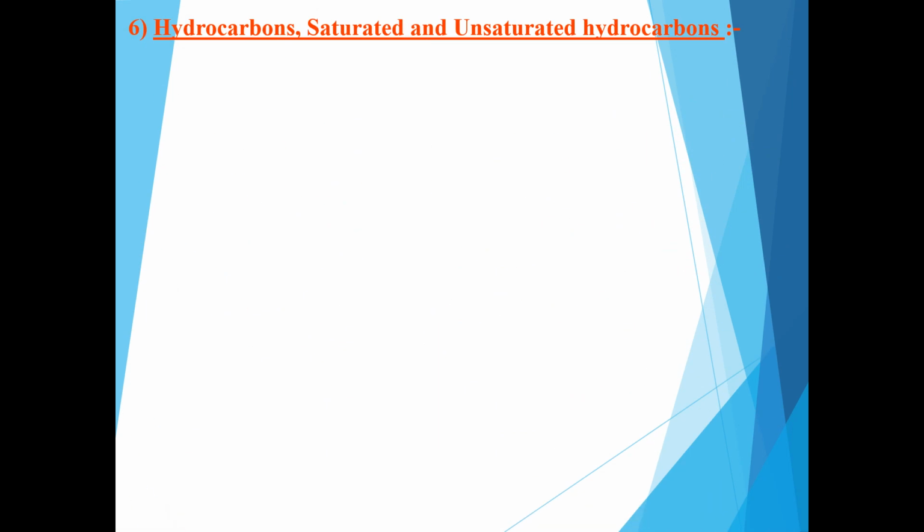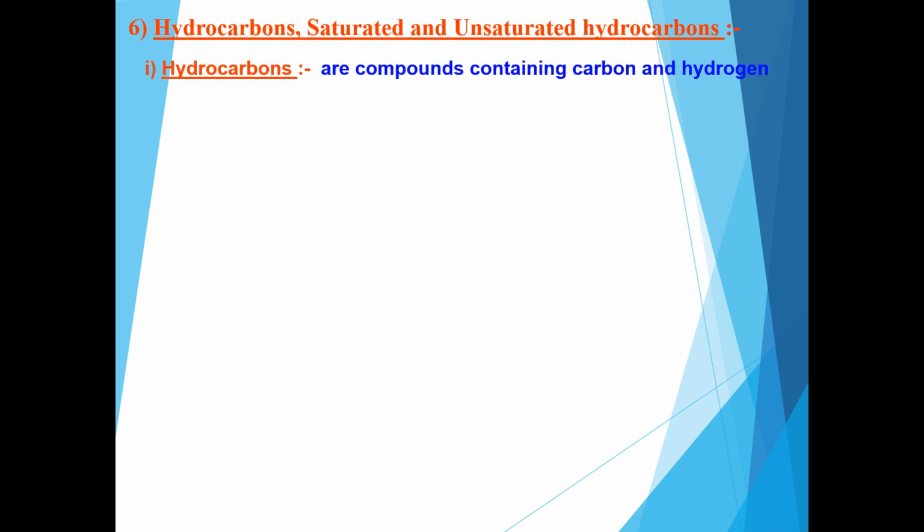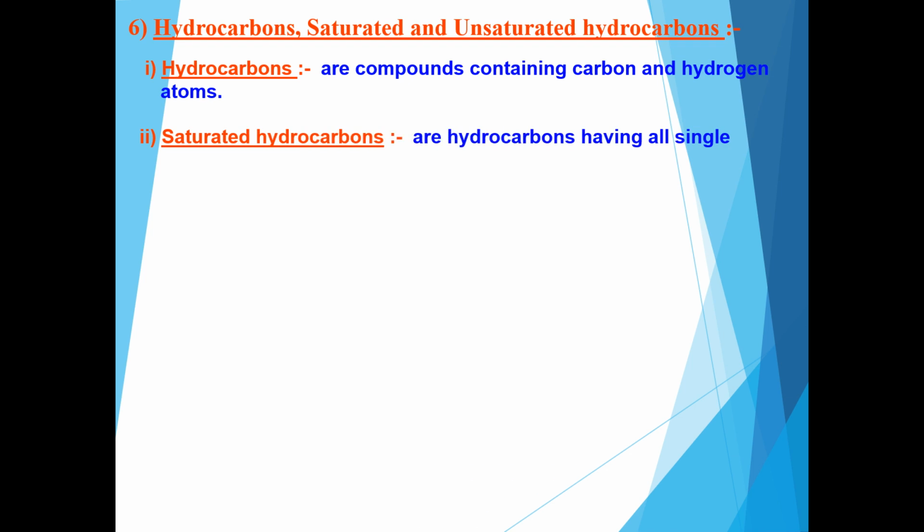Now let's talk about hydrocarbons. As the name suggests, hydrocarbons are compounds made up of carbon and hydrogen atoms. Hydrocarbons are divided into saturated hydrocarbons and unsaturated hydrocarbons.